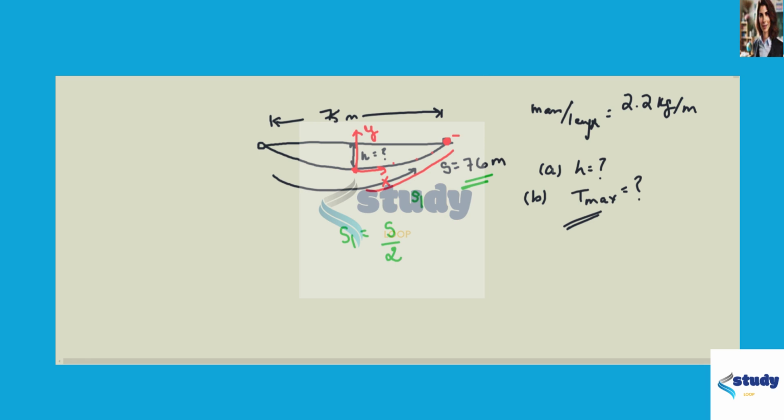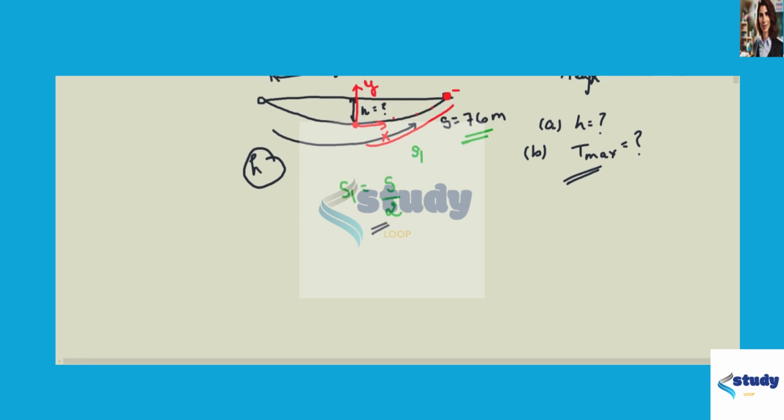So we will use this equation for this S1 to get H, because H, or the sag, will be a part of that equation. Okay, so let me write it here.